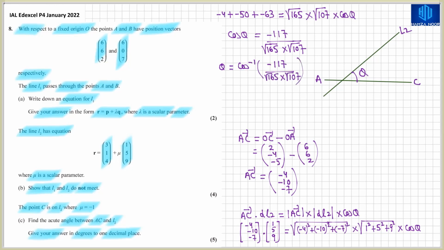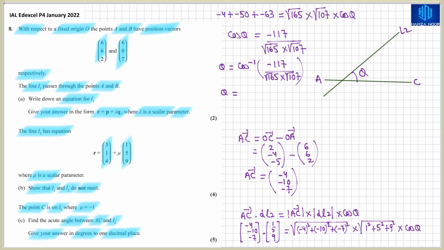And as you can see, the value of the scalar product is less than 0, so theta, which I'm going to find right now by this formula, would be an obtuse angle. Then we would need to subtract it from 180 degrees in order to find the acute angle, since the requirement is to find the acute angle between L2 and AC.